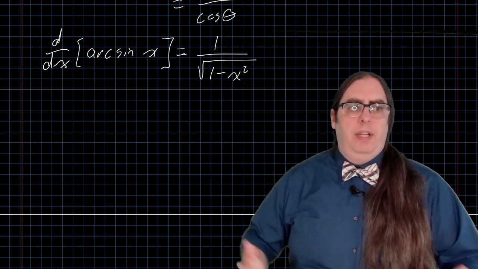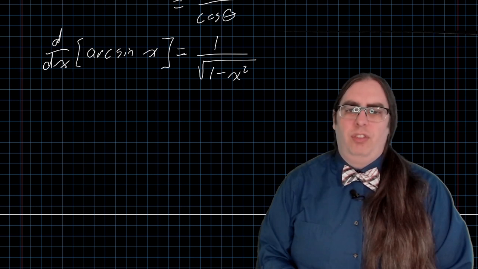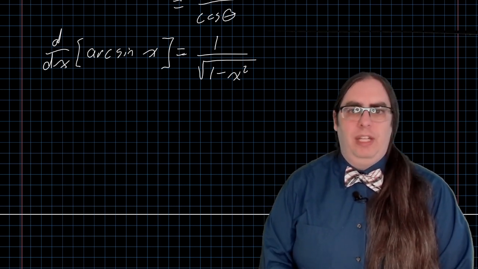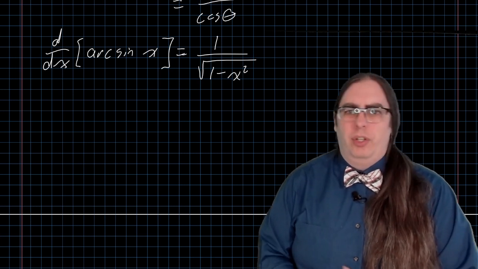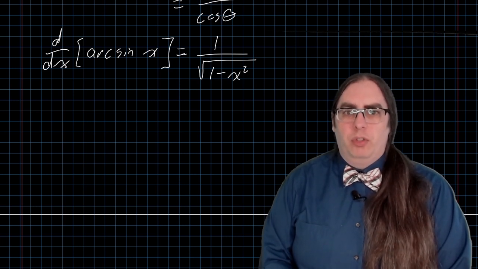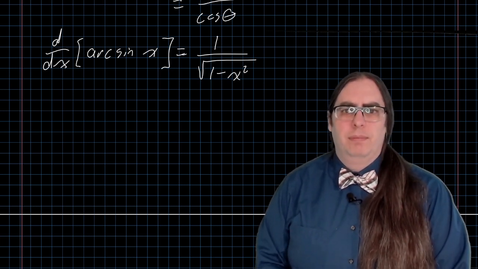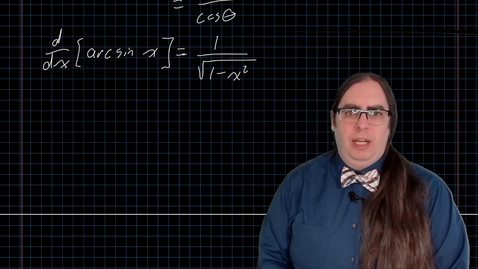In terms of complexity, inverse trigonometric functions I generally think of as some of the most complicated functions that we've dealt with up to this point in mathematics. And I mean, sure, radicals are not particularly straightforward, but they are several orders of magnitude more straightforward than trig, let alone inverse trig. And yet, when we take the derivative of inverse trig, we get a radical.